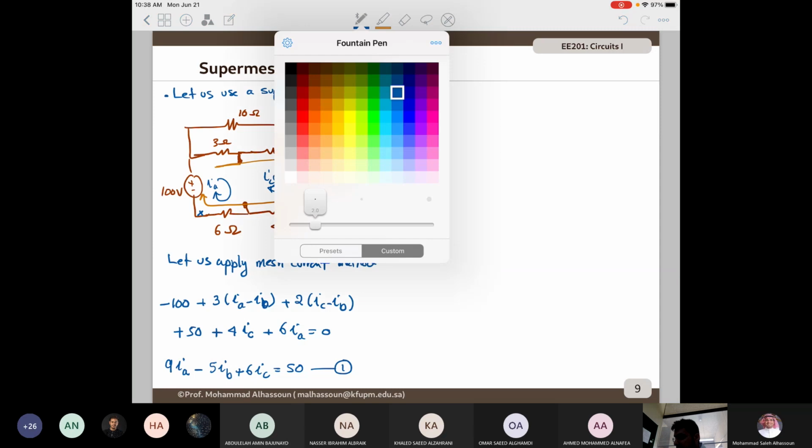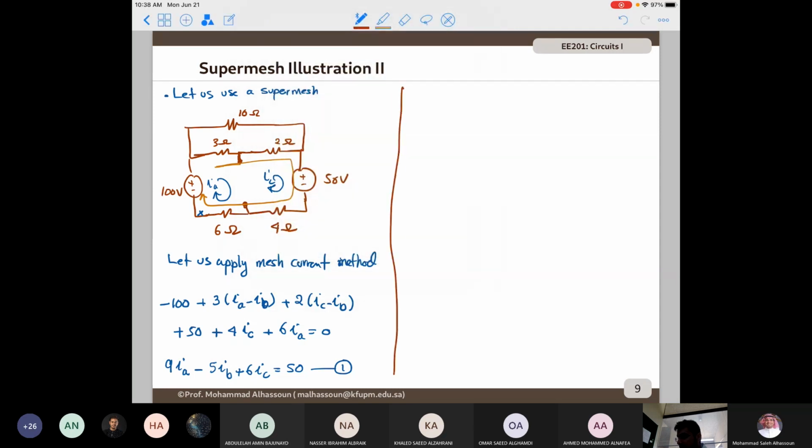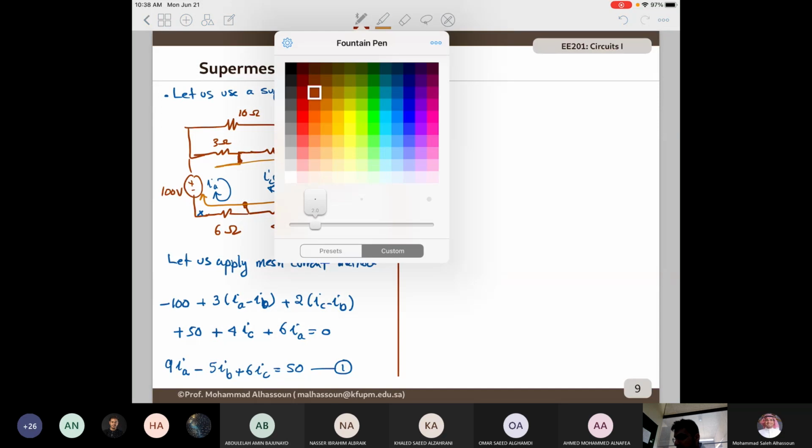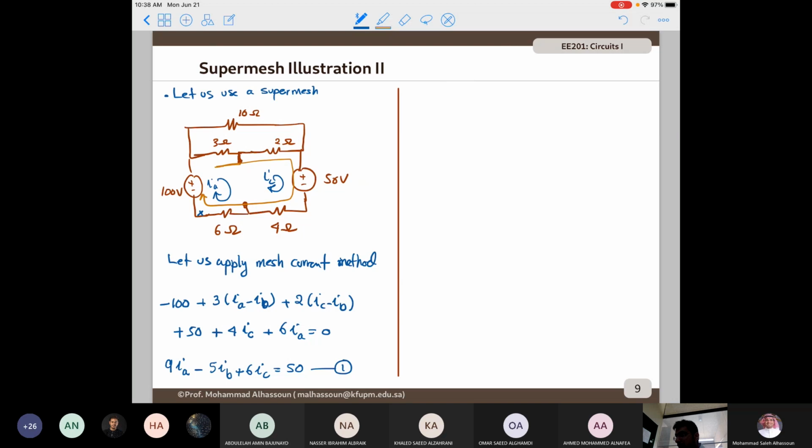The second equation is going to be exactly the same as the previous equation that we used, applying KVL around mesh 2, around mesh B. So it's going to be 10 IB plus 2 IB minus IC plus 3 IB minus IA equals to 0.